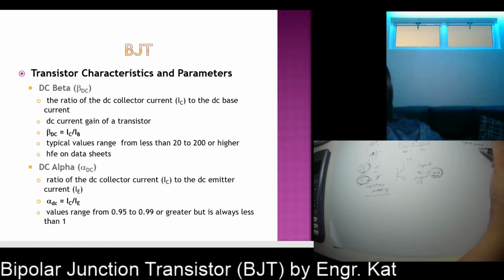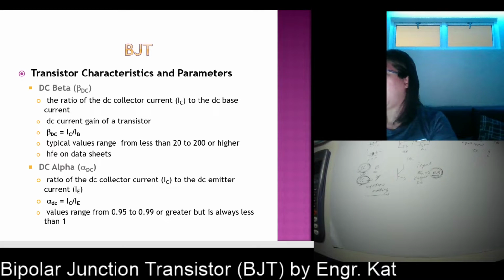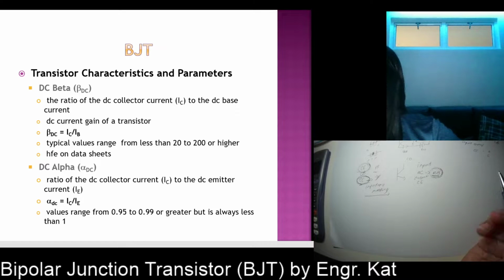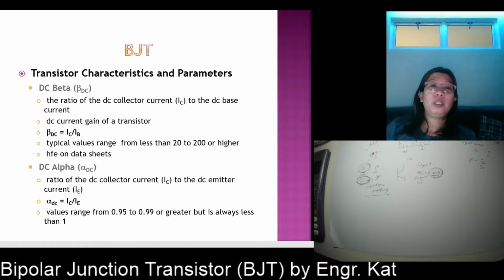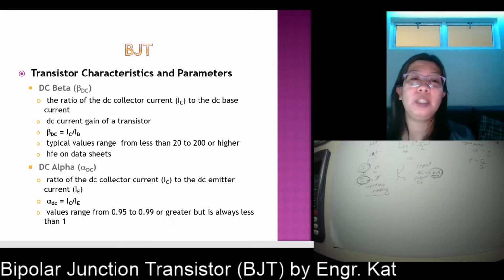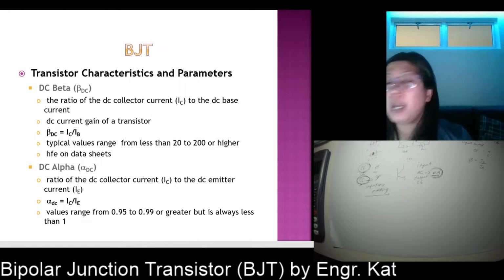So the input for common emitter is the base, and the output for common emitter is the collector. Therefore, getting the ratio between the output and input current, beta is equal to your output current, which is your collector current, all over your base current, which is IB. This is also called the DC current gain of a transistor.